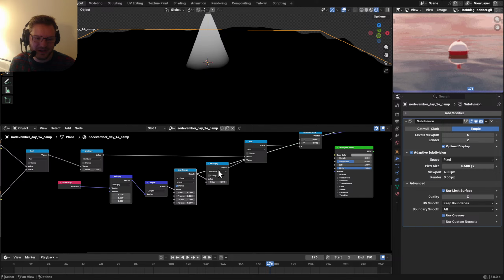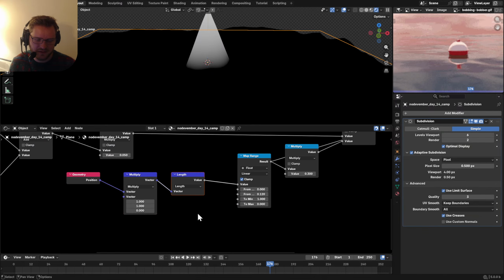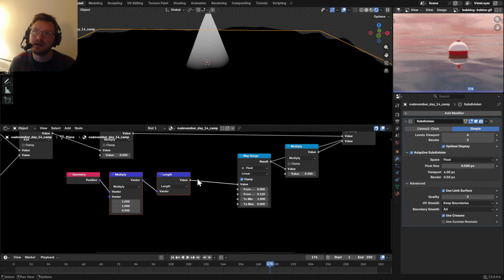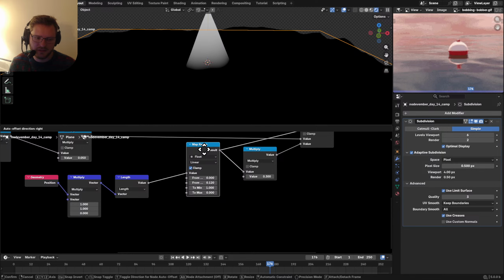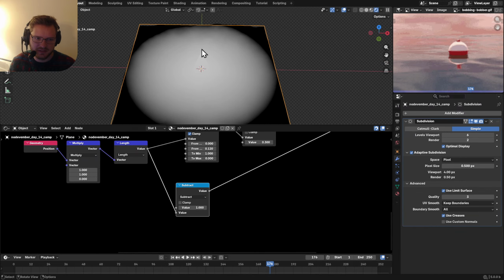So, how do I intend to do this? Well, we have our length. Fine. I want to take 1 minus, and this might take some finagling, because I don't think I got it exactly right. So I'm going to take 1 minus, so now it's like that.